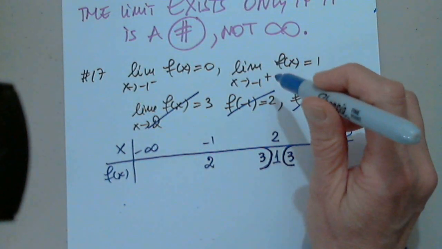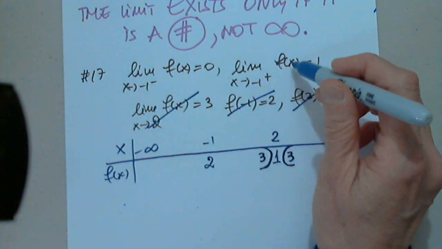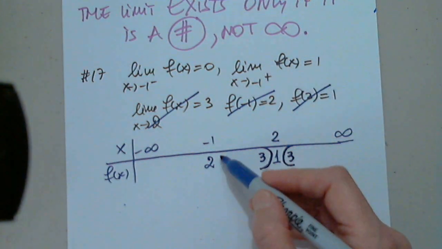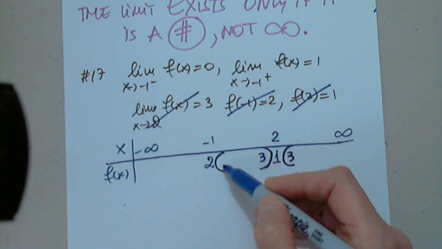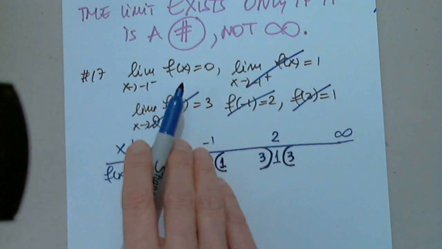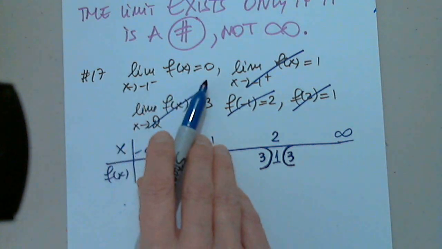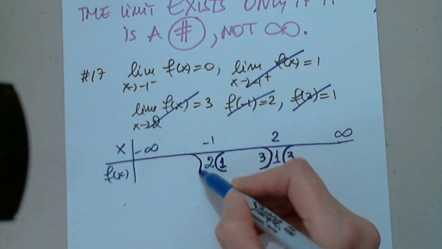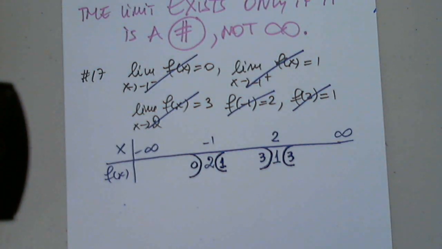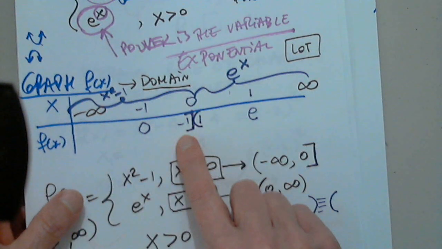The limit of f of x as x approaches -1 from the right is 1. The limit of f of x as x approaches -1 from the left is 0.